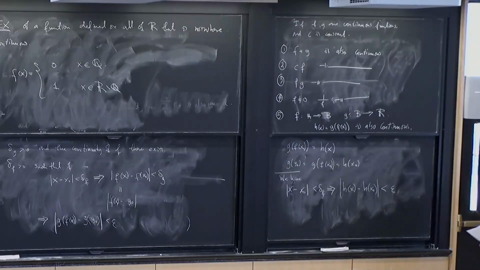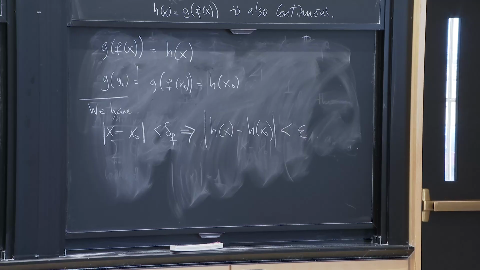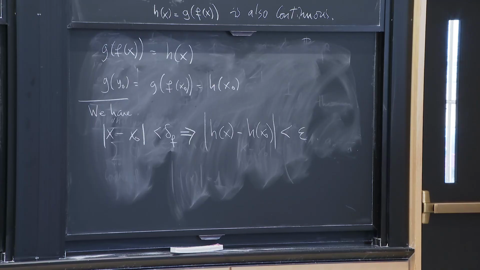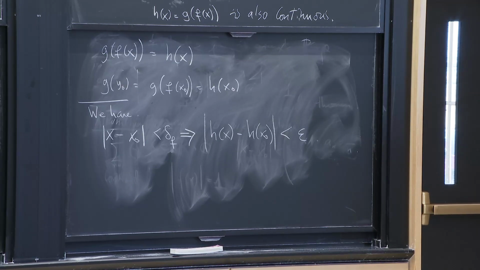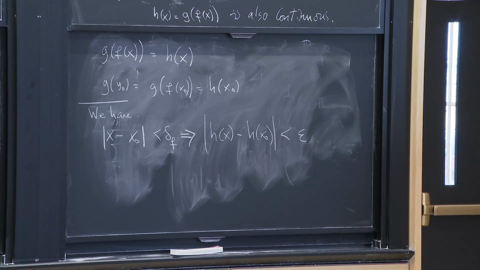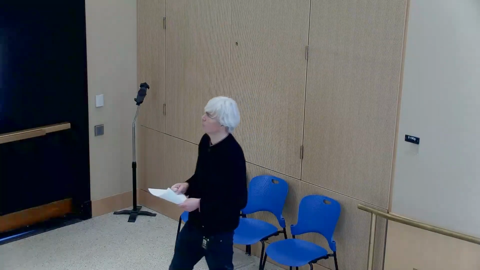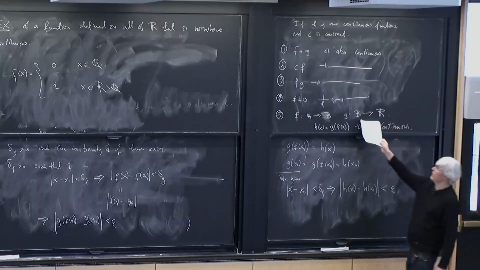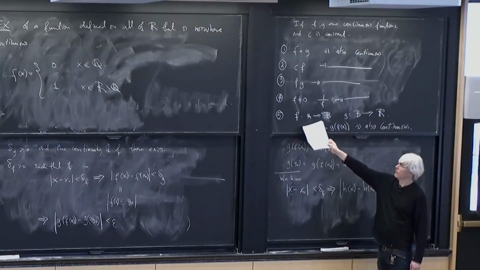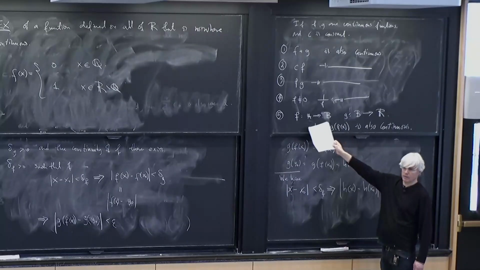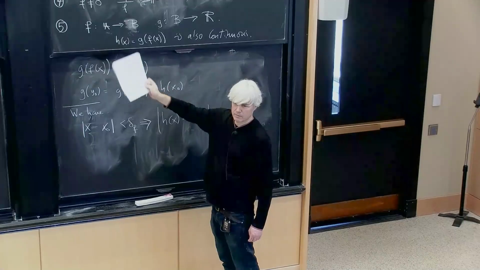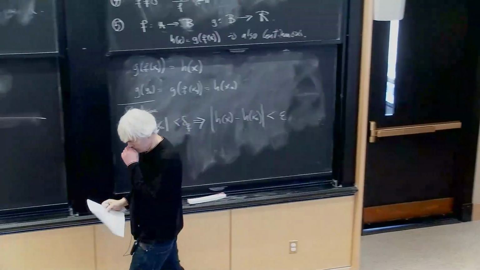And so this proves that the composition of these 2 functions is continuous. And so again, when you have 2 functions and you look at the composition, it's really important to first check that the second one is defined. The second one should be defined where you end up under the first map.